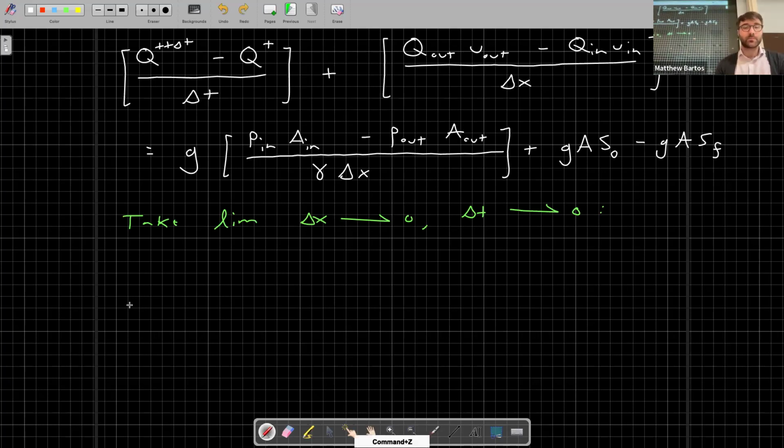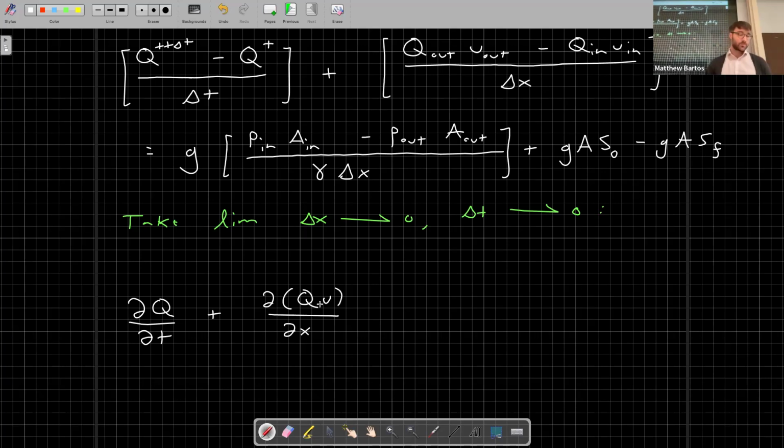Let me give myself a little more space here. dQ by dt, so that's the rate of change of the flow, plus d(QU) by dx, so this represents the net momentum flux, plus g times A, that's gravity times the cross-sectional area, times the following quantity: 1 over the specific weight times dp dx, so this is the pressure gradient, minus the bottom slope plus the friction slope, is equal to 0.